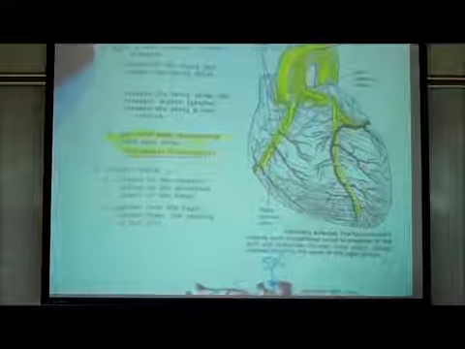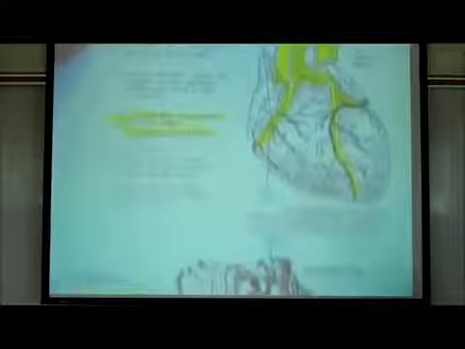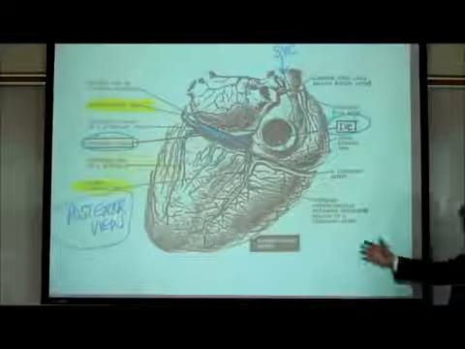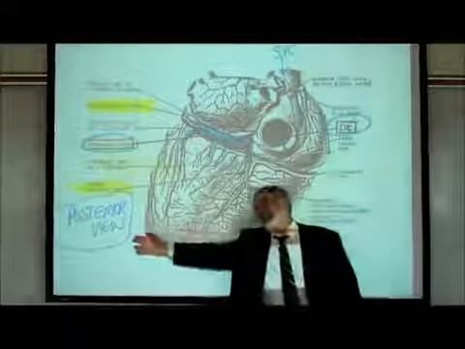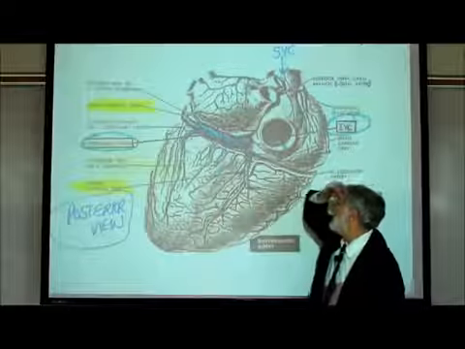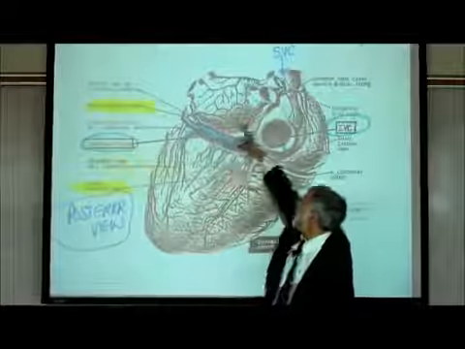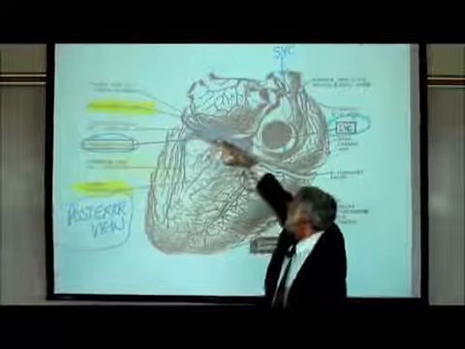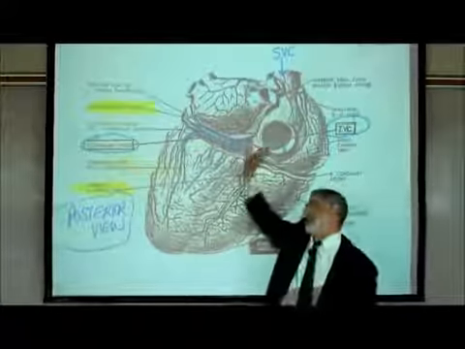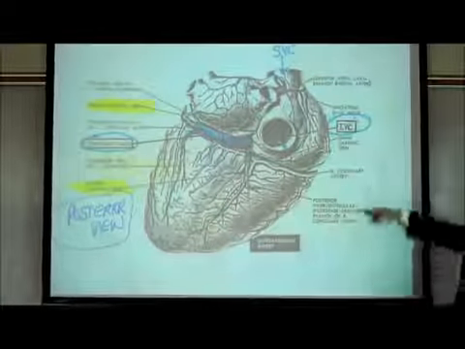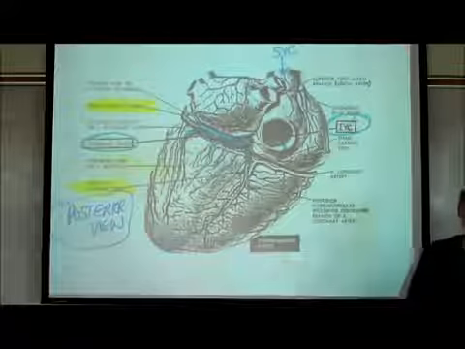Now, on the back side of the heart, there is a large vein called the coronary sinus. So here, this is a posterior view of the heart from the back side. And here, there are shown many small cardiac veins where the blood flows into this coronary sinus, and the blood flows from the coronary sinus into the right atrium, along with blood from the superior vena cava and inferior vena cava.